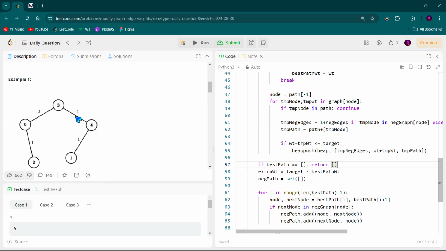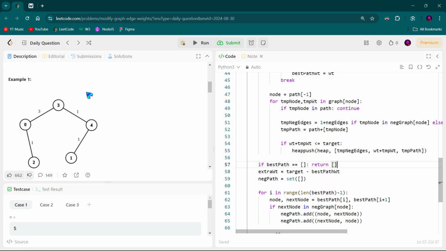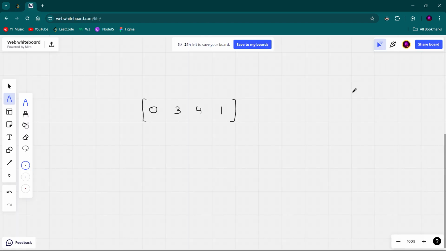Now, what will be my path? 0, 3, 4, 1. Okay, this is my path. And what is my weight? It would be 1, 2, 3. The weight was 3.